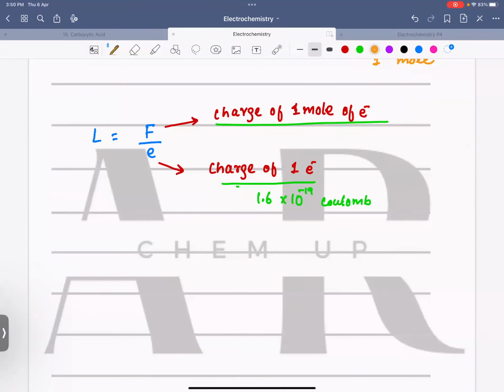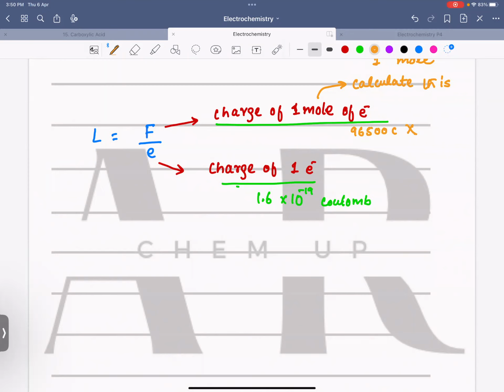But when we are using this expression, remember, we do not use 96500 coulomb, because that is the constant, the theoretical value. Instead, we calculate this from the data provided.